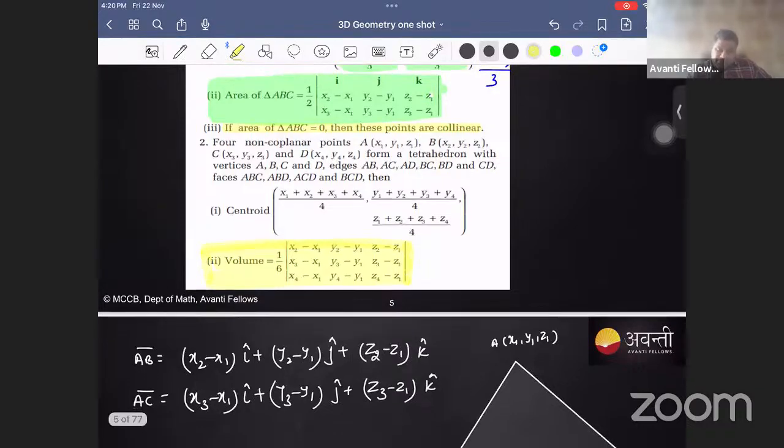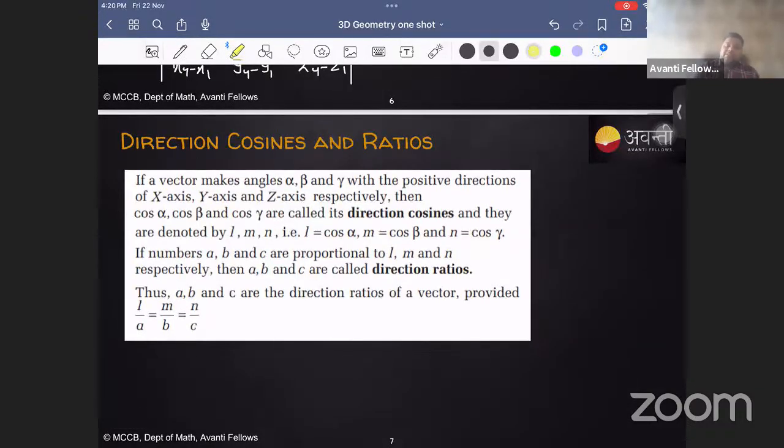Now comes the very important point in the chapter, that is direction cosine and direction ratios. Now, what is direction cosine? Say we have a vector and this vector is making angles alpha, beta and gamma with the positive directions of x-axis, y-axis and z-axis respectively.